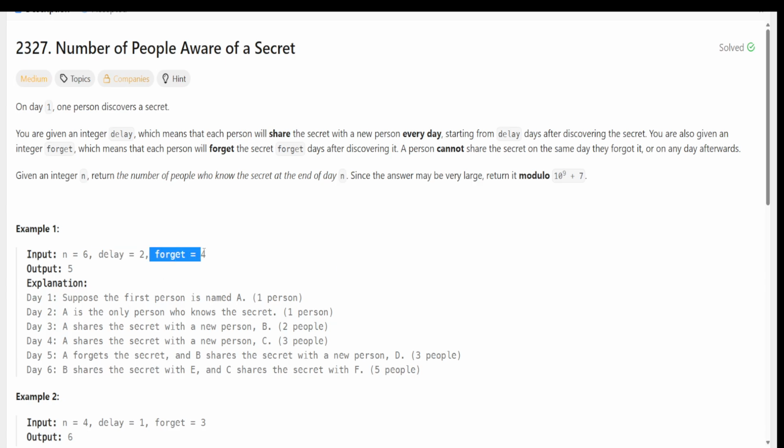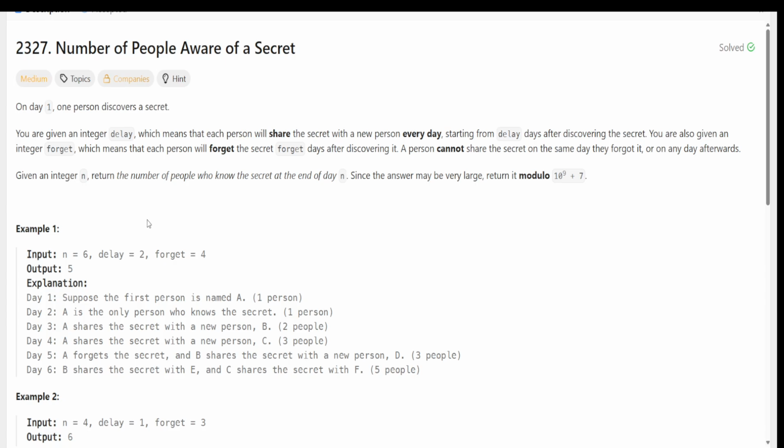After forget days, he completely forgets the secret. Once they forget, they can't share it anymore, right? And the question is, after n days, how many people still know the secret? Okay, since the answer can be a large value, you have to take the modulo. That is what the question is saying.